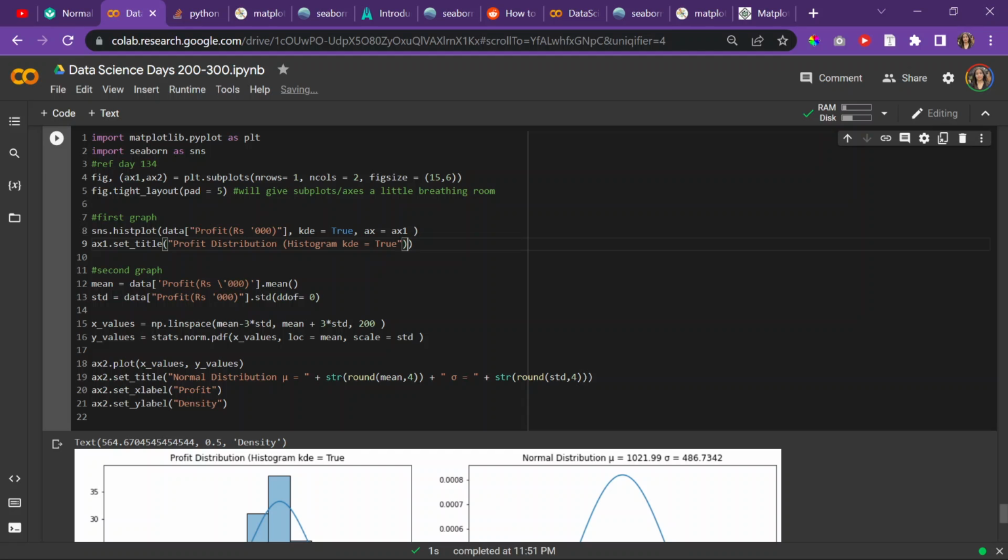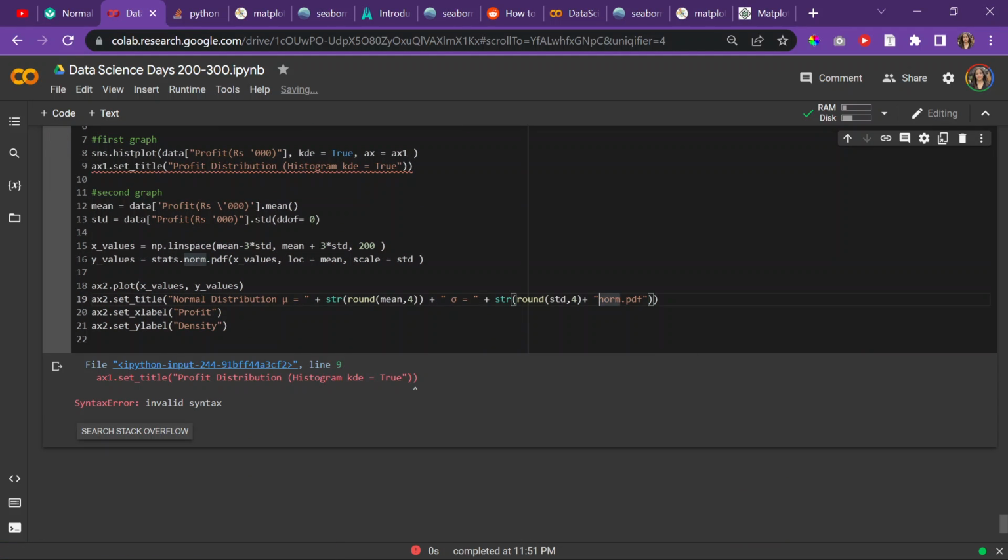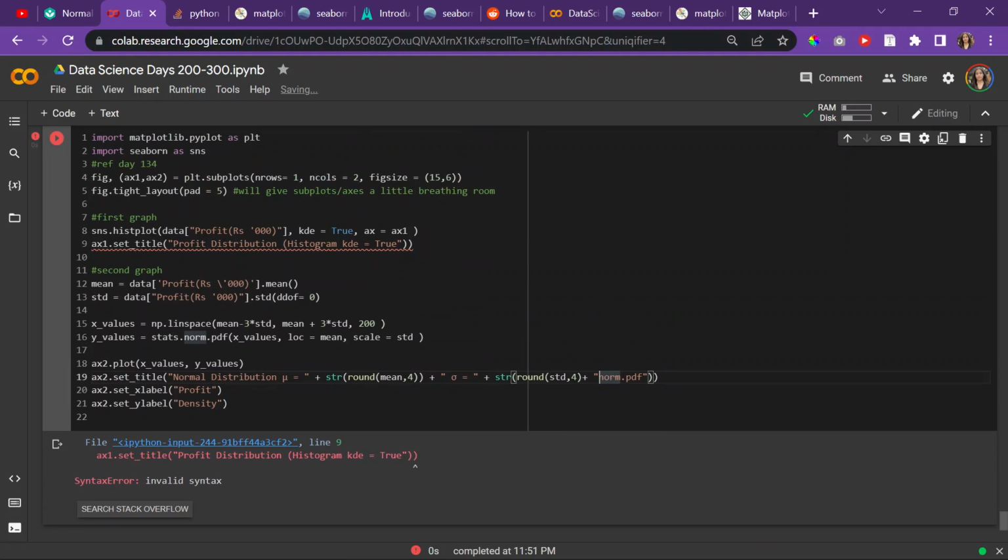And then one I did with norm.pdf, right? Probability density function. What happened? KDE true. Oh, I wanted that inside over here, the quotations. And then space over here, and also parenthesis over here.